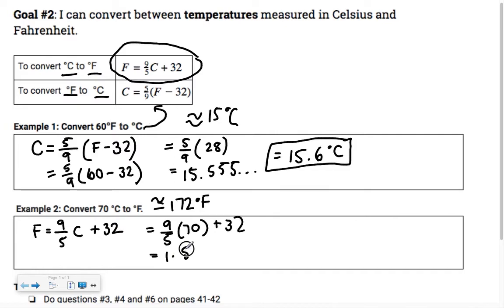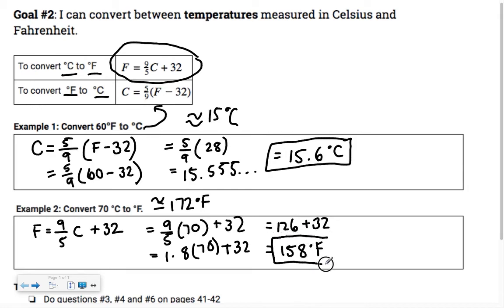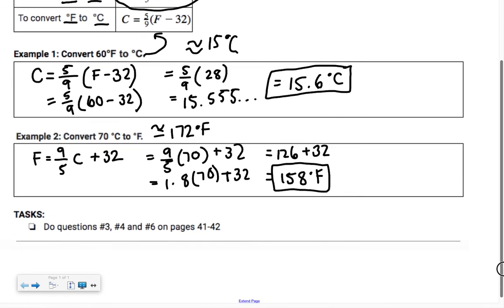So 1.8 times 70 plus 32. And 1.8 times 70 is 126 plus 32, which gives me 158 degrees Fahrenheit. So pretty close to our estimate, but not quite there. Estimate was a little bit over there.